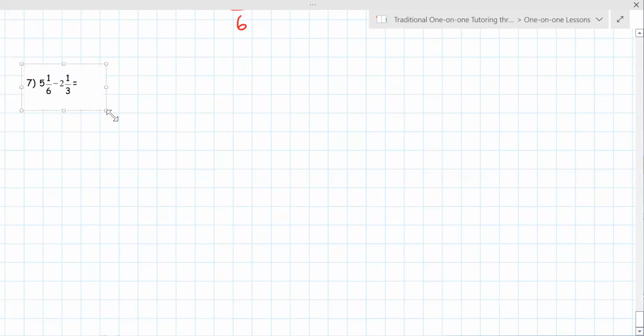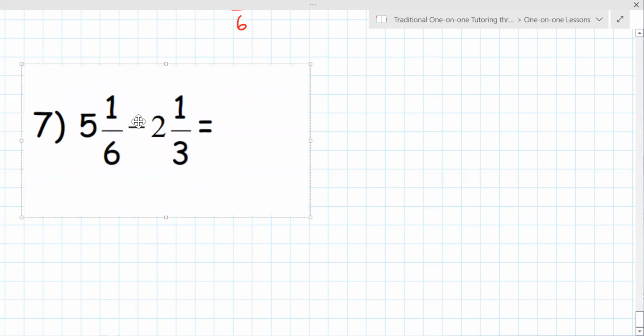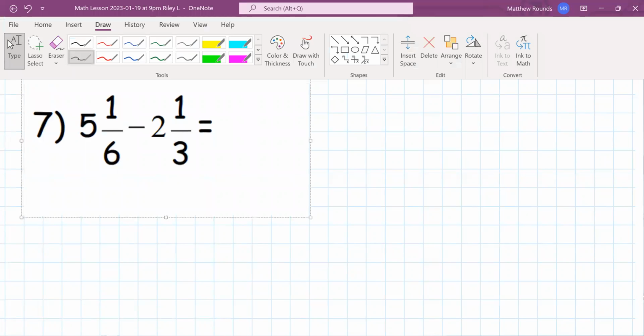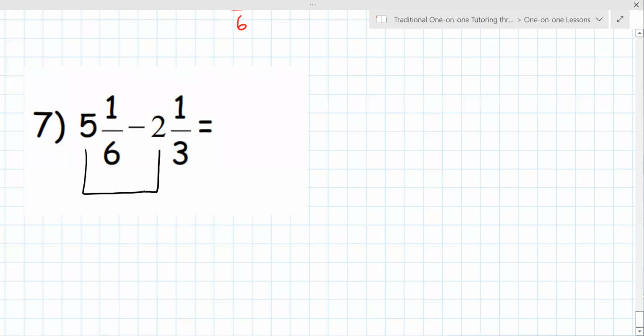All right, so this one is 5 1/6 minus 2 1/3. You take the 5 and the 2 and you subtract those, and that's no big deal. That's 3. But then you have to know what to do with the 1/6 minus the 1/3.